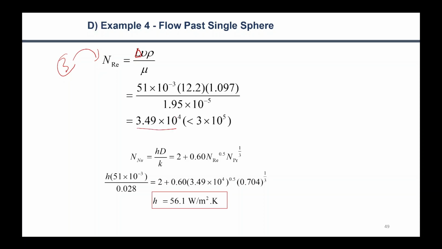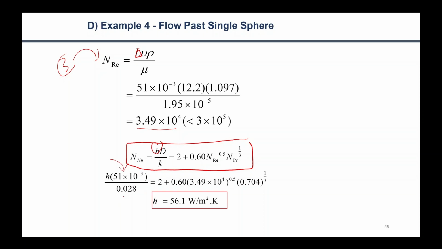Our Reynolds number is 3.49 times 10 to the power of 4. So it is within the acceptable range that I showed previously, and we can use this Nelson correlation to estimate h, the average convective coefficient.